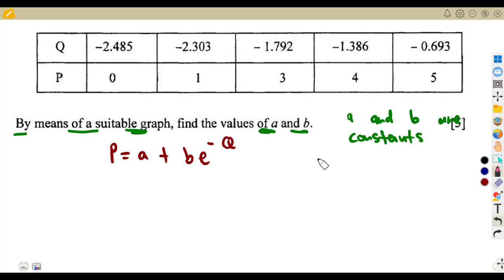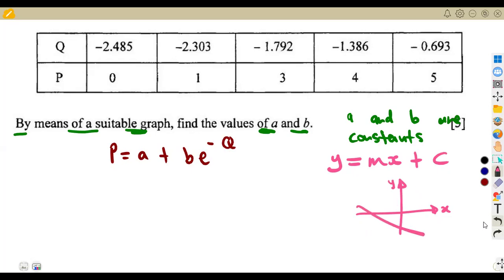What is a linear function, or how do we present a linear function? We know that a linear function is in the form y is equal to mx plus c. This is the format that we are used to, where we have a straight line drawn on the Cartesian plane, talking of the x and y. Whether the line is of this nature or this nature, we know we are going to have a straight line from this format.